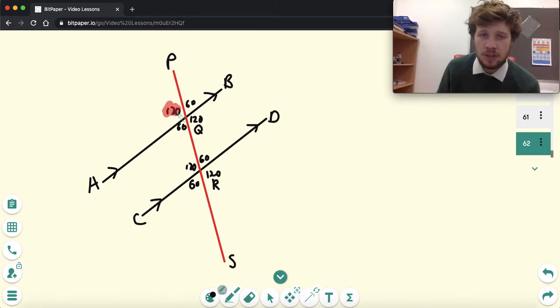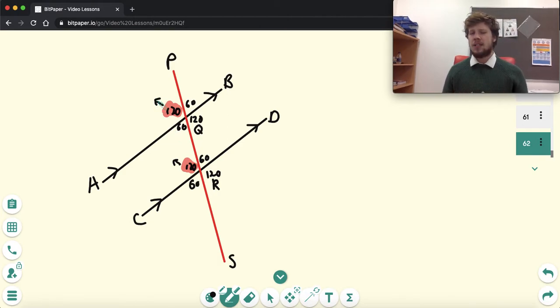Okay, so looking at this then, I want to look at a specific point. I'm going to look at this 120. And if we look on the bottom side, I also have this 120. These angles are pointing in the same direction, and they are in corresponding positions, where the top one, if I was to cover it up, would be in the same position as the bottom one.